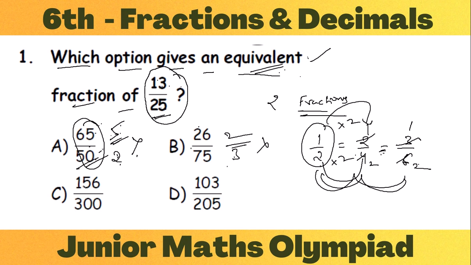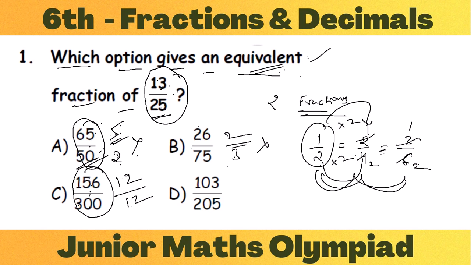13 156, 13 1 is 13, 13 2 times 26, 12 times, 25 12 times 300. In 156 by 300, the numerator and denominator both are multiplied by 12 with the given fraction. So we are getting this one.